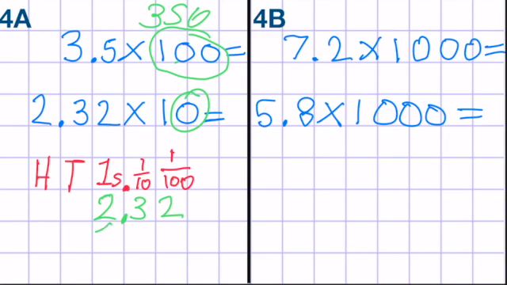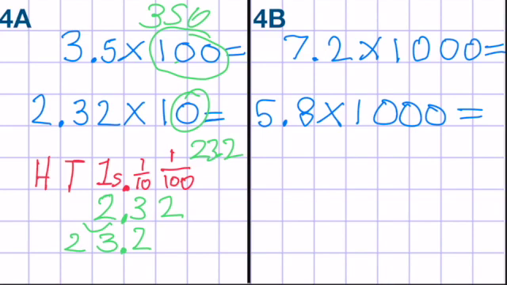So the 2 is going to move 1 place. The 3 will follow. The 2 will follow. And if you notice, we still have a digit in the decimal column, so we need a decimal place. So it's 23.2. 2.32 times 10 is 23.2.